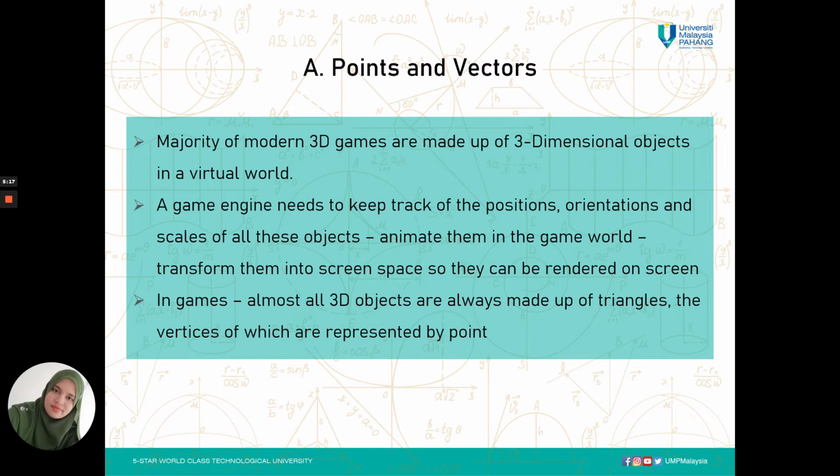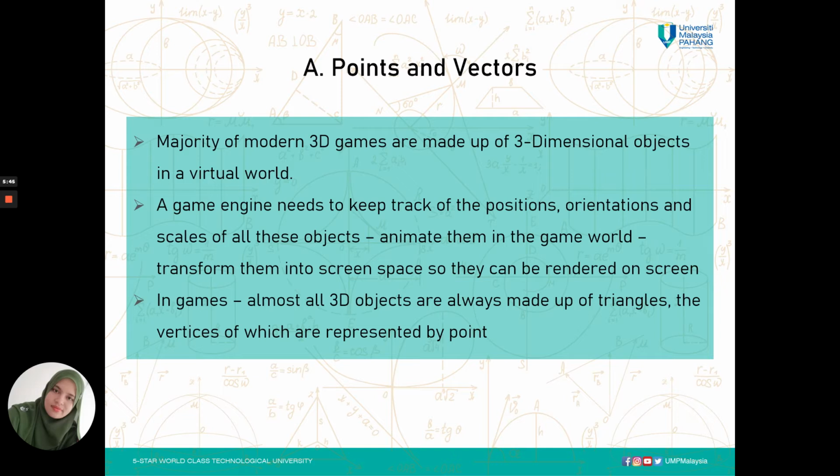Students, do you still remember what a game engine is? Yes, for example Unity. When you use Unity as your main game engine, you have to understand what space it uses inside the game engine. You want to work in 2D or in 3 dimensions, so you have to identify that.